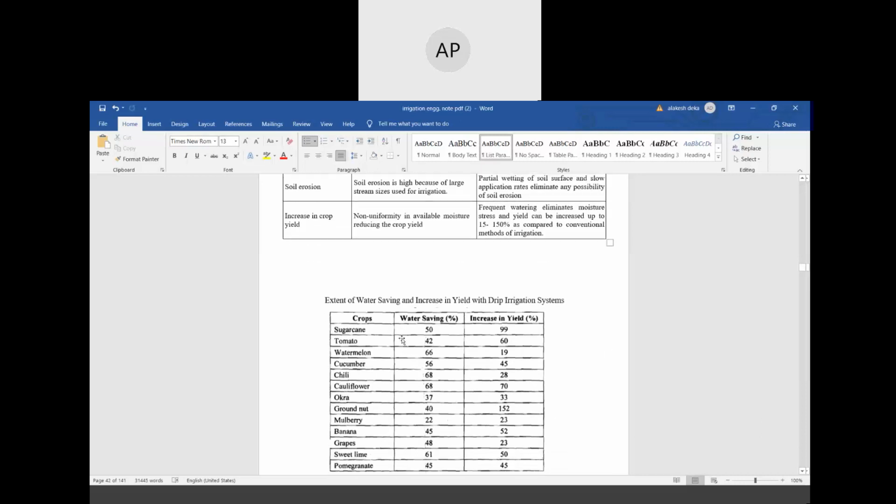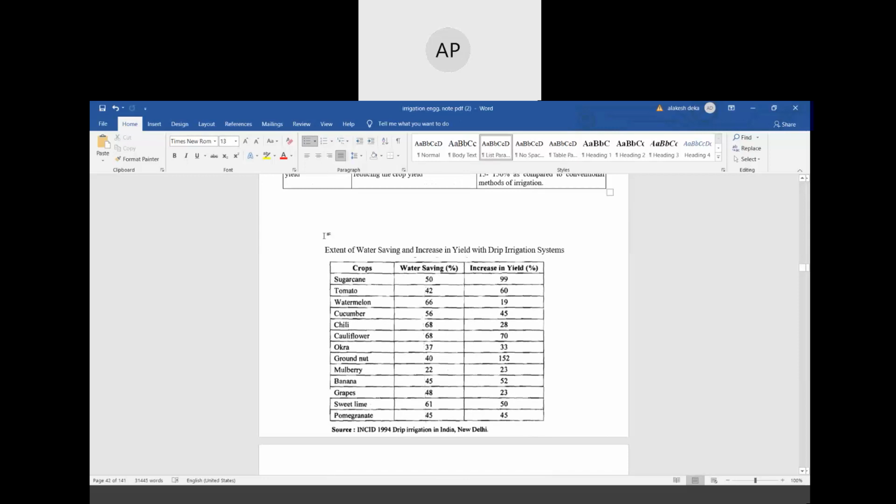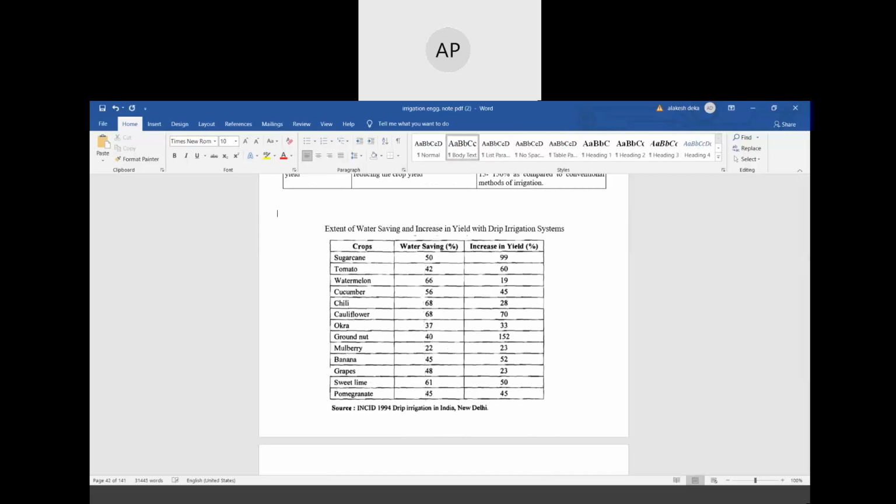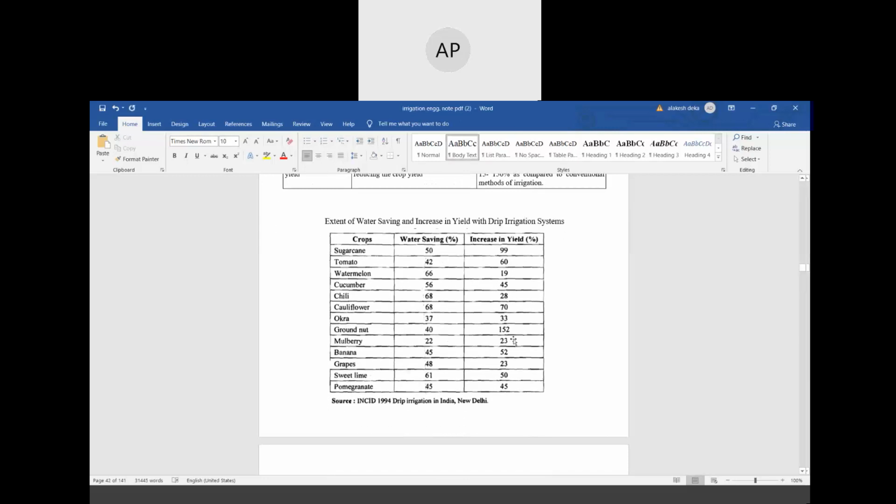Extent of water saving and increase in yield with drip irrigation system: sugarcane, water saving 50%, yield increase 99%; tomato 42%, increase in yield 60%; watermelon 66, increase in yield 19%; cucumber 56, chili 68, cauliflower 68, like that.